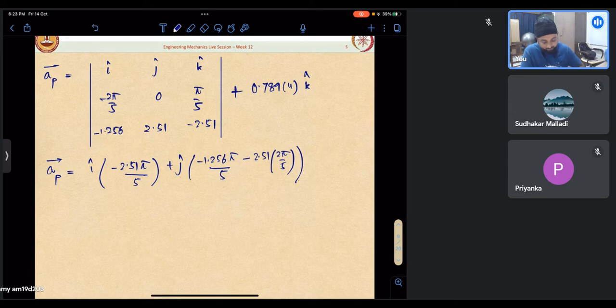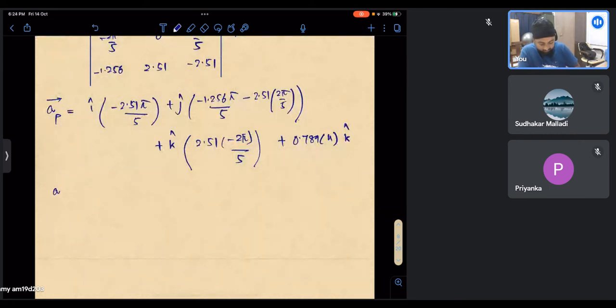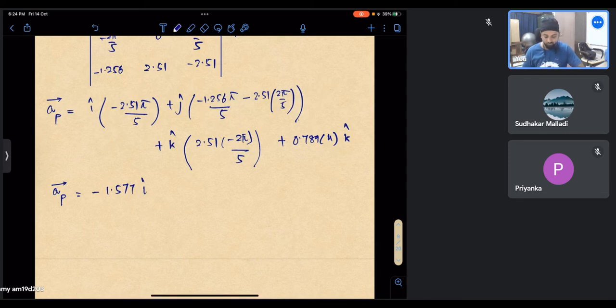This is my J, and then I have my K cap, which is nothing but 2.51 into minus 2 pi by 5, and then the other one goes to 0, and then I have 0.789 into 4 K cap. So I can just simplify and write it out here. So it is minus 2.51 into pi by 5, it is minus 1.577 I, minus 1.256 into pi by 5 minus 2.51 into 2. This is minus 3.94 J cap.